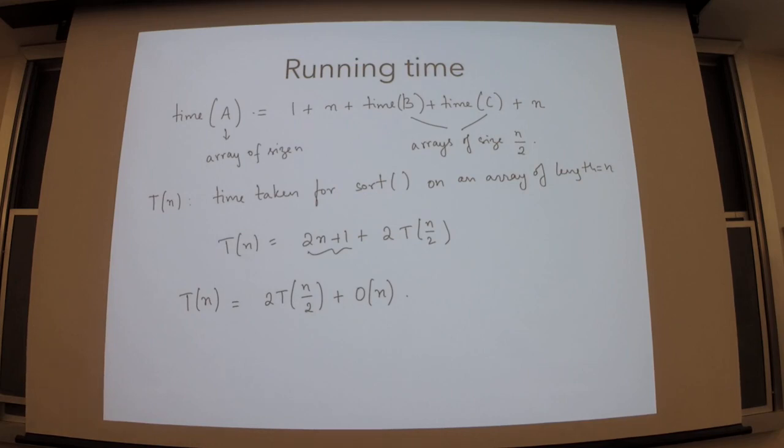So in general, this is what we have: T of n satisfies the condition that it's 2T of n by 2 plus O of n. This is nice, but it's not a closed form. It's not saying T of n is n or n squared or something like this. Equations of this kind are called recurrence equations, or recurrence relations.